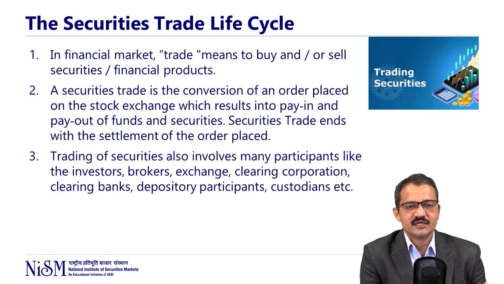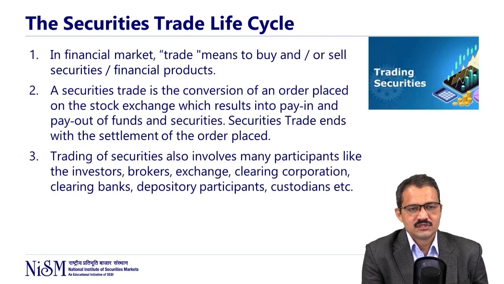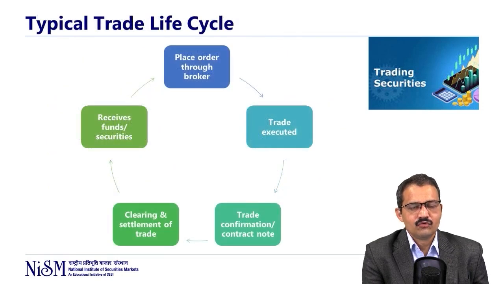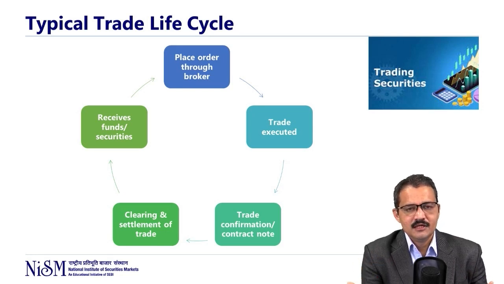We have seen that for trading we have brokers and stock exchanges, and for settlement we have clearing corporations, clearing banks, depositories, custodians, etc. We will see those things in detail as we go forward. So what is the typical trade life cycle? Generally, the broker places the order on the trading system.